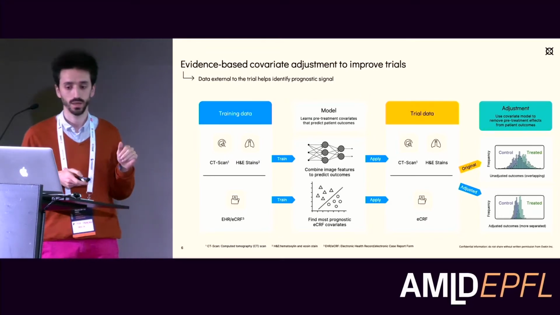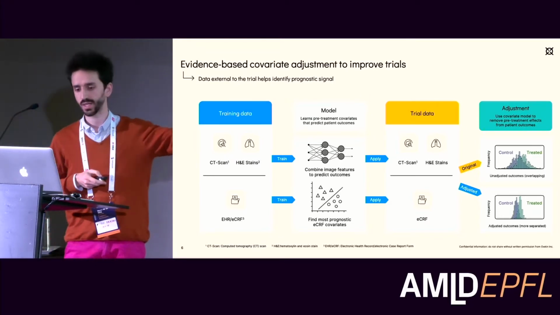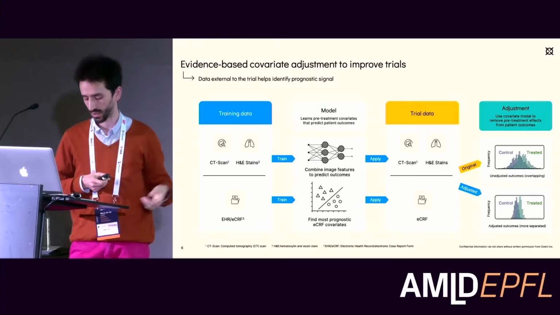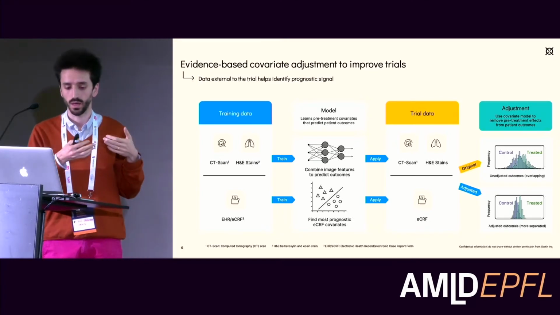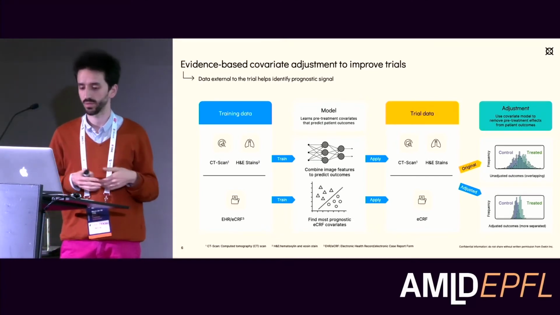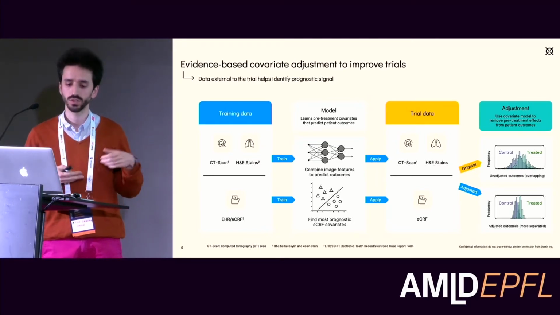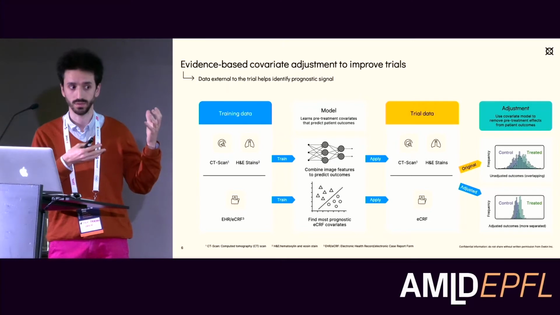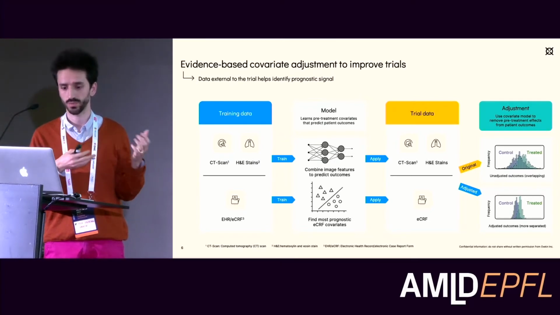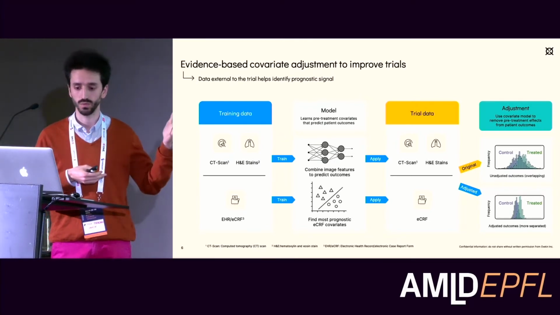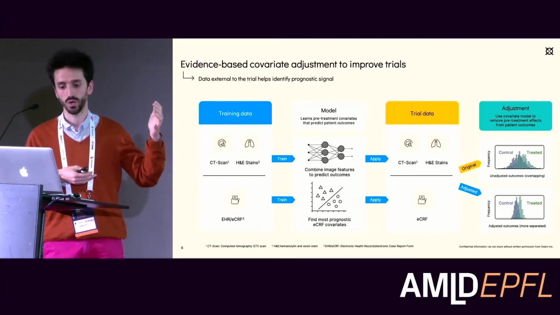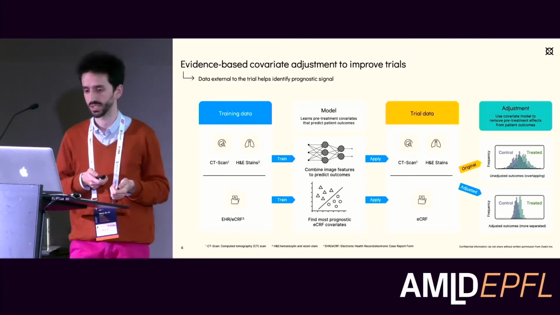So that means having training data, and we can think of standard biological variables that are usually captured in clinical trials, but we can also look at what kind of prognostic signals there are in other modalities, such as radiological images or even histopathology images.